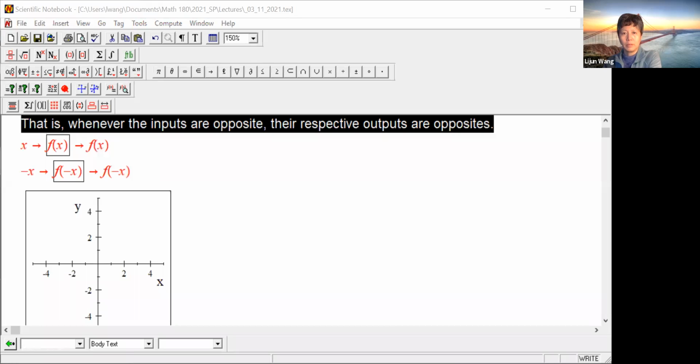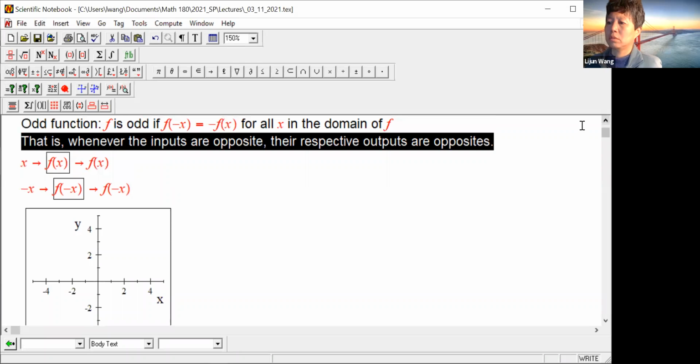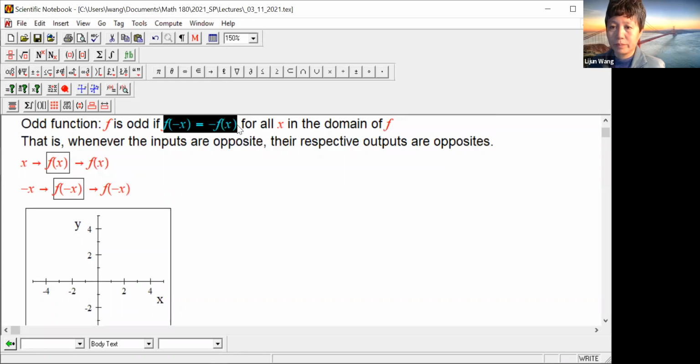Okay, I see the comments, symmetrical to the y-axis and so on. Very good. All right, so what happened in this situation? I want you to draw 2 points, just like what we did with the even function, according to the definition.